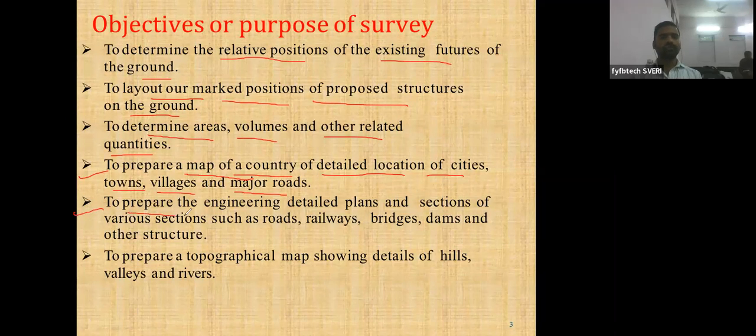Then to prepare engineering detailed plans.